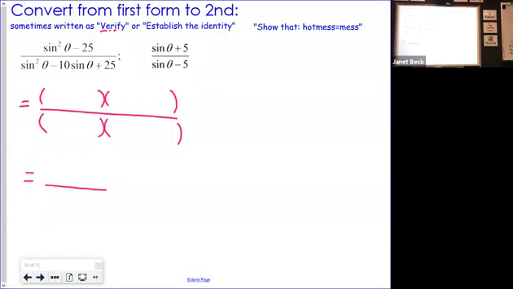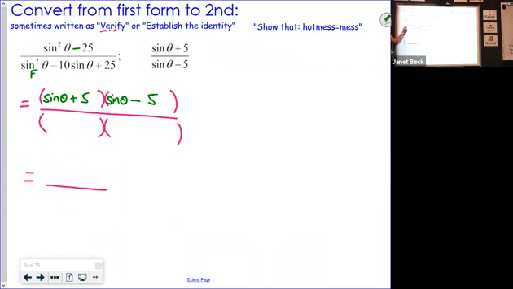Okay, so the numerator is difference of squares. It's going to come from sine of theta, because we've got minus there, plus and minus, and the square root of 25 is 5. How I'm going to factor the denominator is I'm going to use reverse FOIL.